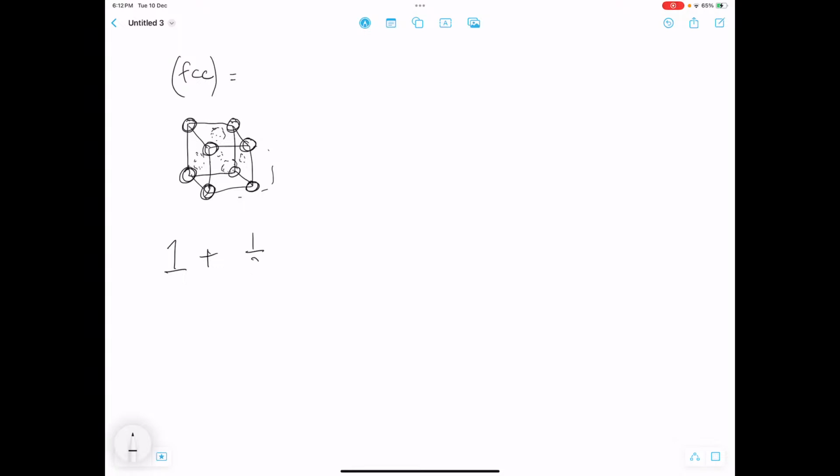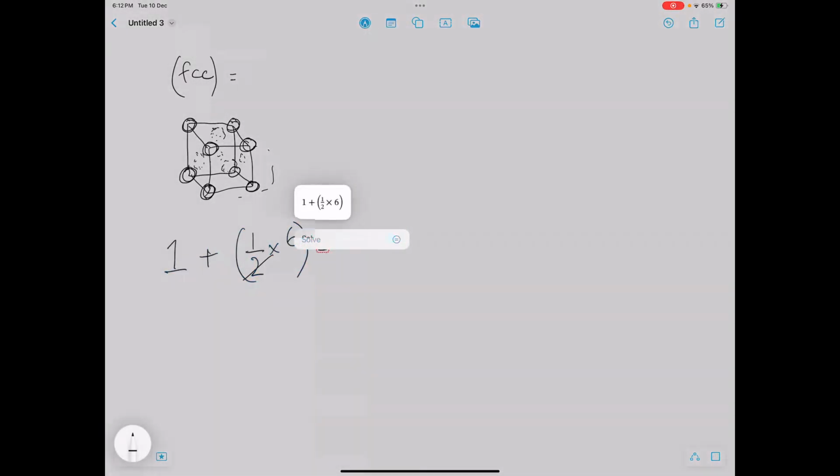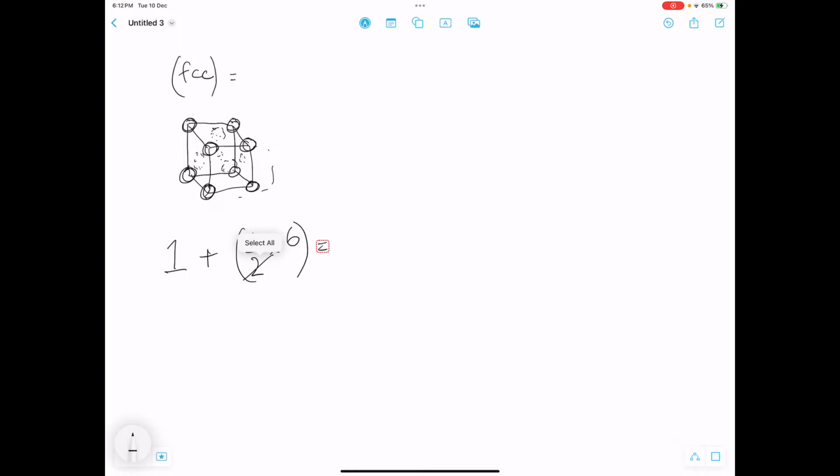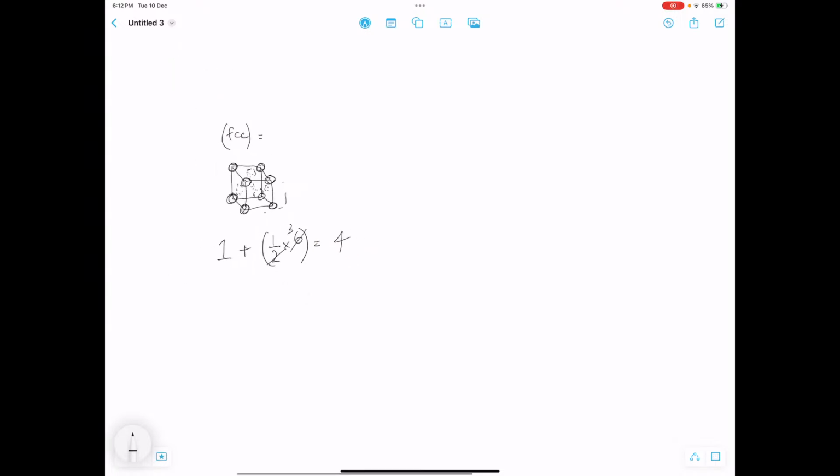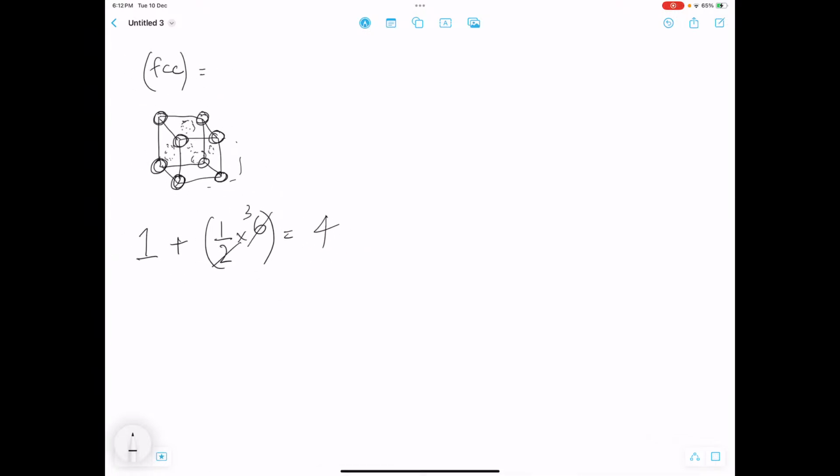So half an atom from each side into 6 faces, this becomes 3. 3 plus 1 is 4. So we know that there are 4 atoms or particles in FCC.